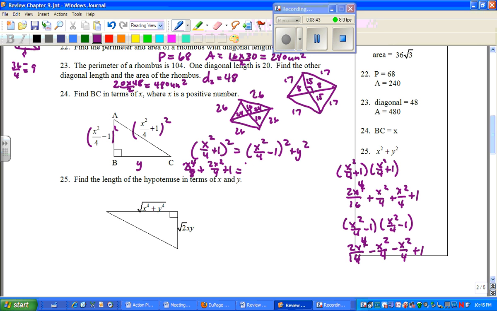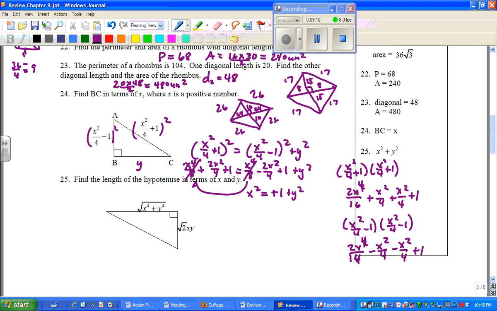So when we look at this side, we have x to the 4th over 8 when we reduce it, and we're minusing 2x squared over 4, and then we're adding 1, and then we got the y squared. Well, if I bring this over to this side, these terms cancel out, and I end up with x squared equals plus 1 plus y squared.